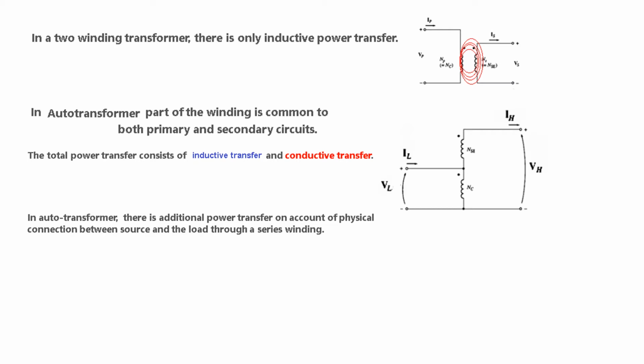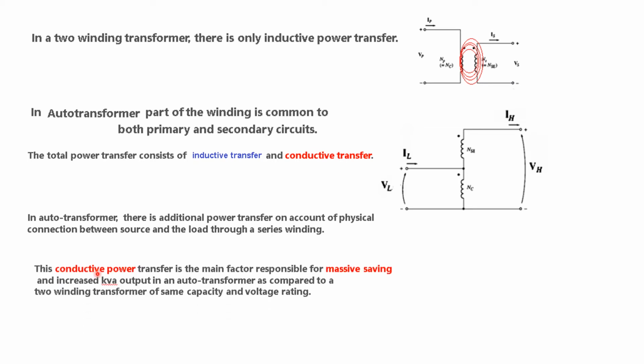And same thing, explanation a little more. In an autotransformer, there is an additional power transfer on account of the physical connection between source and load. The physical connection between source and load makes sure that additional power is transferred through the series winding. Now this is the series winding.